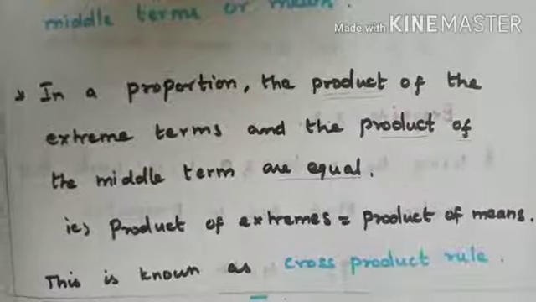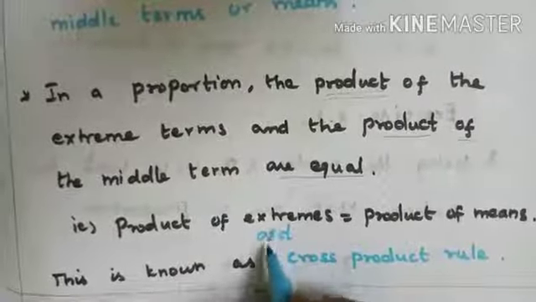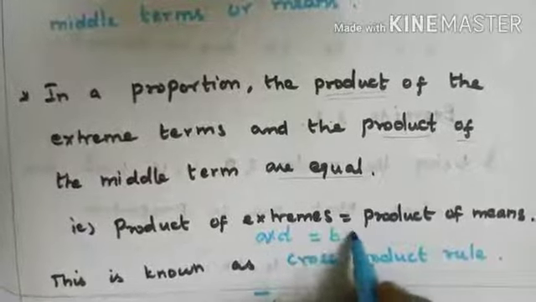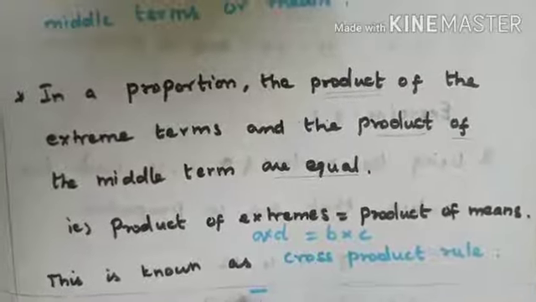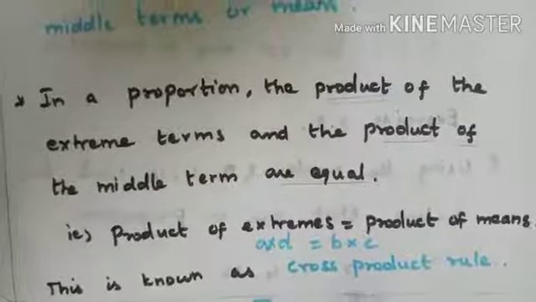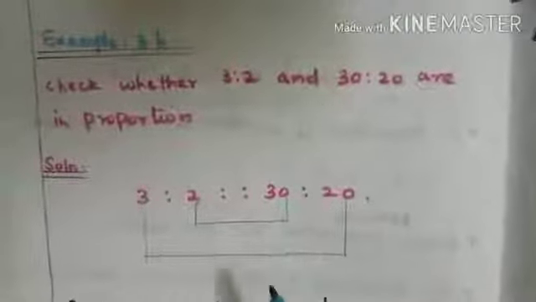That is, we can write A into D equal to B into C. This is known as the cross product rule. Now we are going to see some examples.